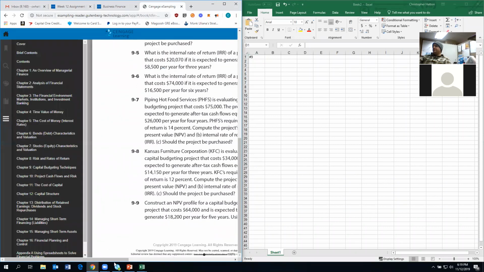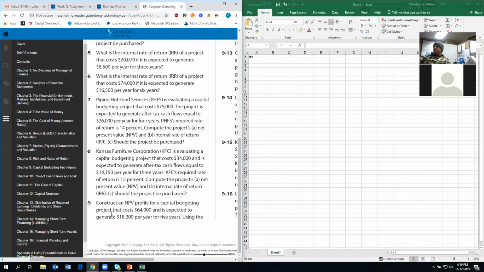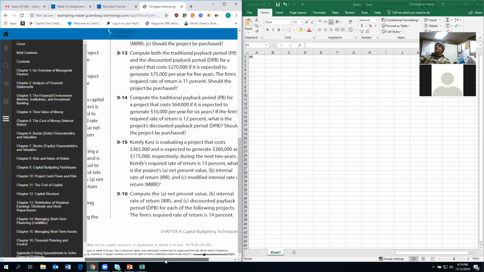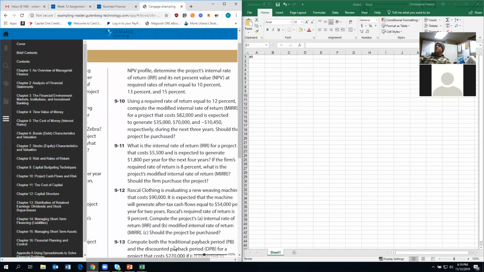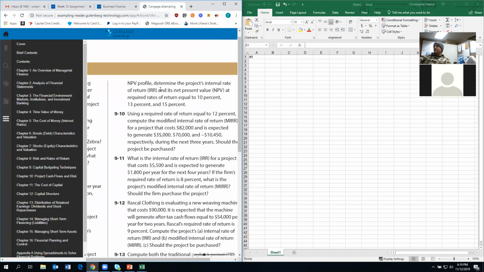So number 9 is saying construct a net present value profile for capital budgeting projects that cost $64,000 and is expected to generate $18,200 per year for the next 5 years. Using the NPV profile, determine the project's internal rate of return, net present value at required rates of return equal to 10%, 13%, and 15%.